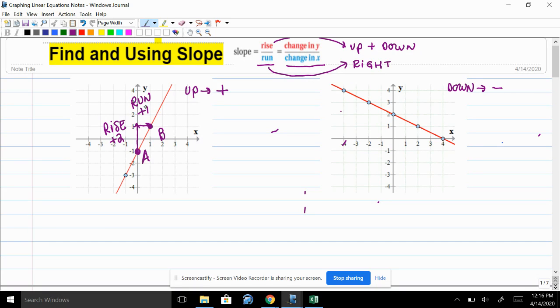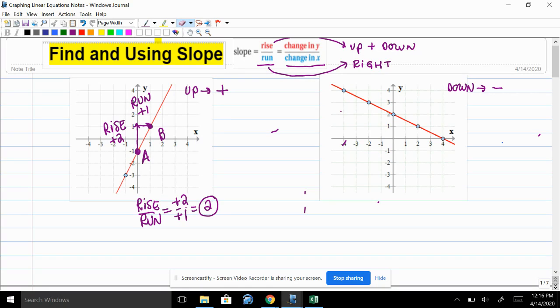So your run is +1. So your rise over run for this first problem is +2 over +1, which would divide to make 2. 2 divided by 1 is 2.